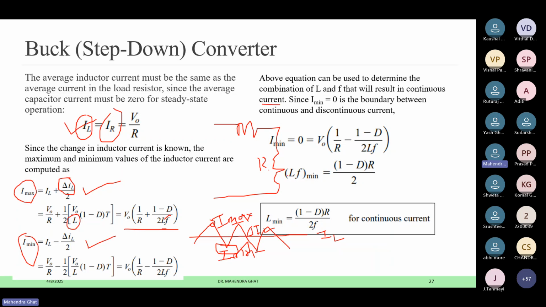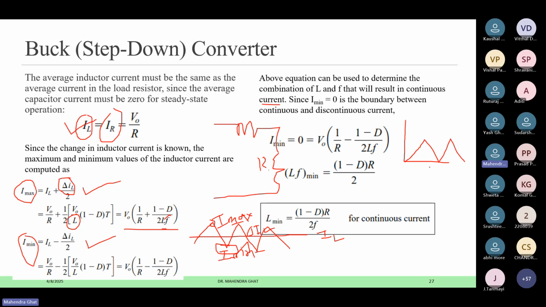Why continuous current? It means I will choose the inductor value such that it is always in continuous conduction, meaning it should not go to zero. So if I say this is just the touching current, this is the minimum value.